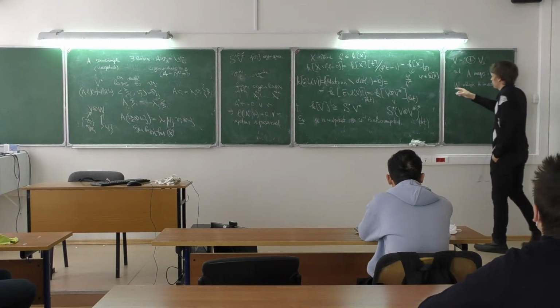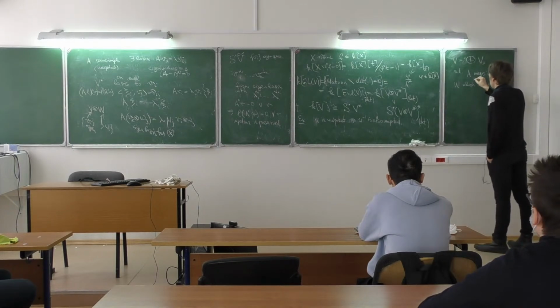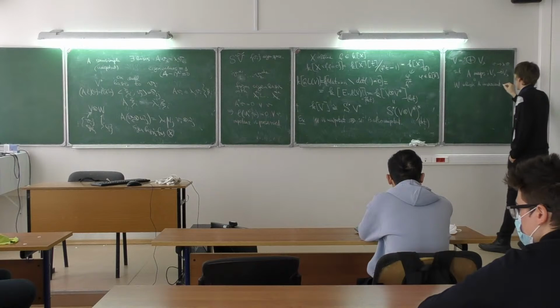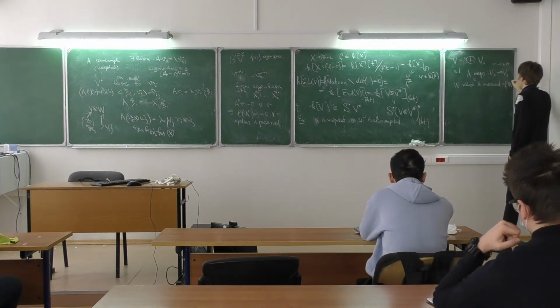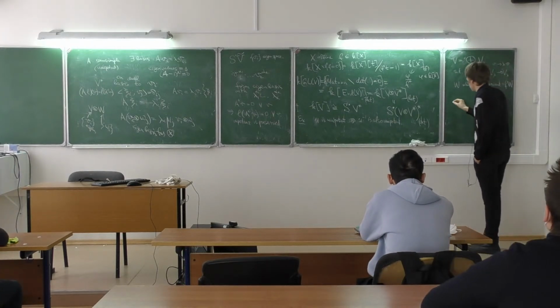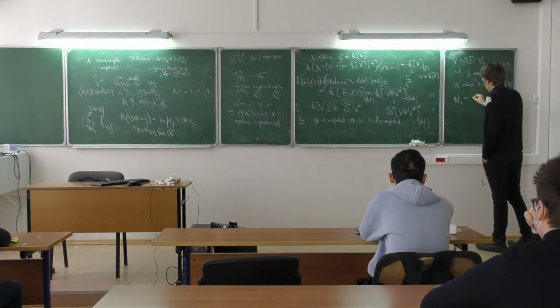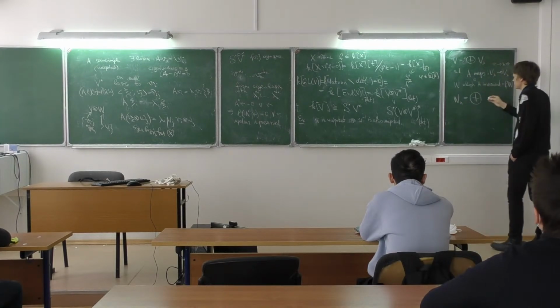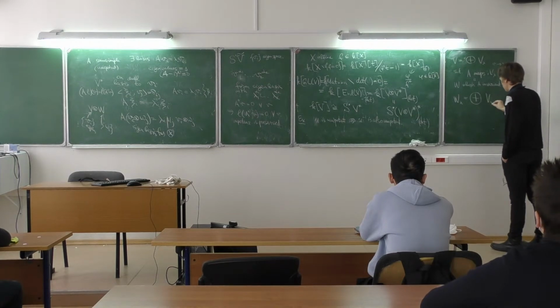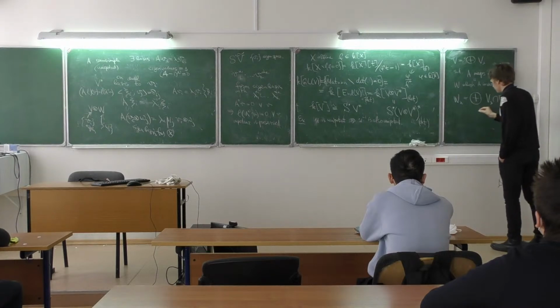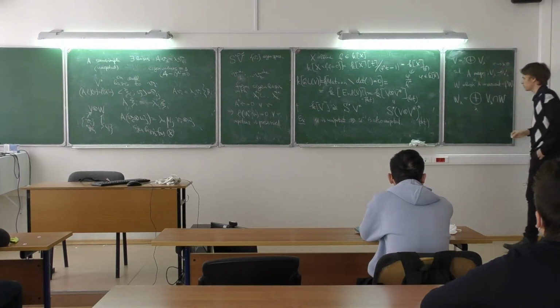Suppose you have a W which is an invariant subspace of V. Then I claim that you have a decomposition into the direct sum of V lambda intersected with W.